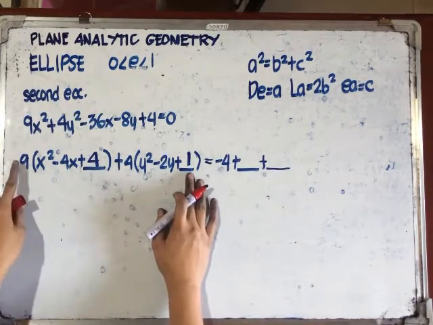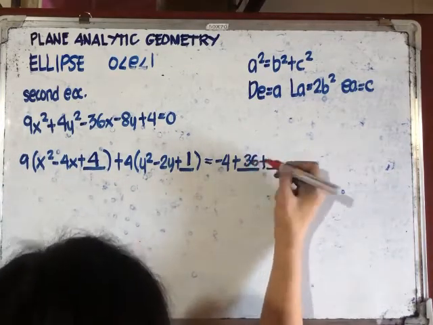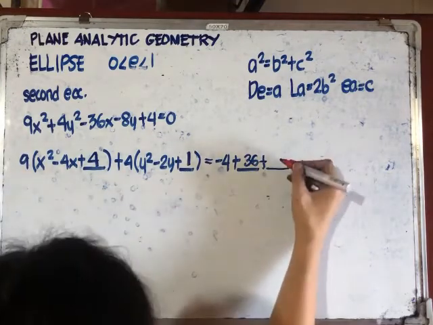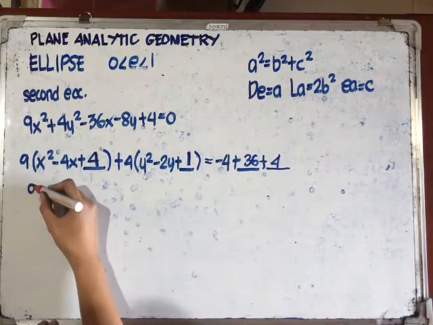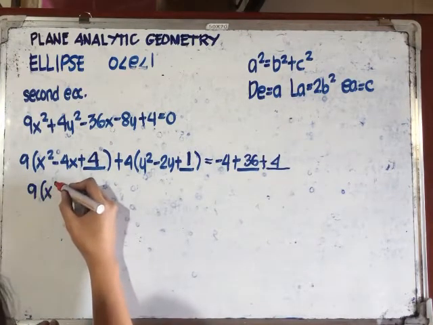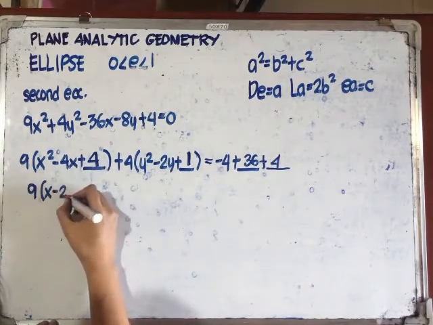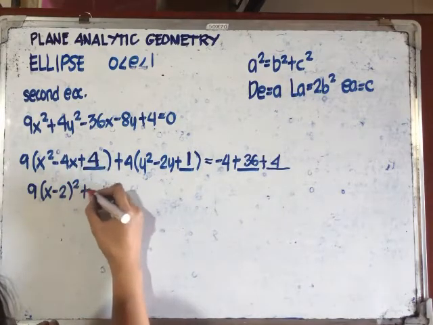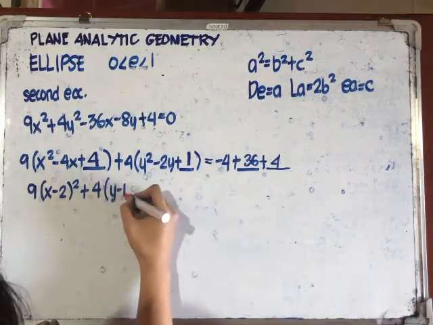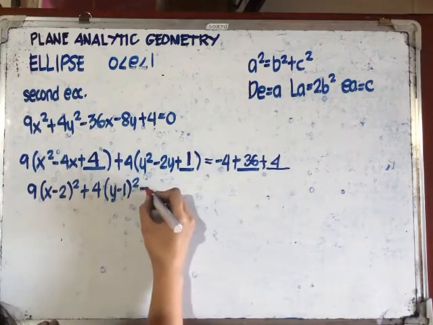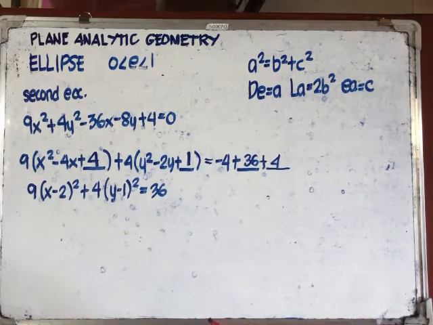What you need to add is 9 times 4. That's 36. And then you need to add 4 times 1 also. That is 4. So that what happens here would be 9 times x minus 2 squared plus 4 times y minus 1 squared is equal to, sa kabilang side, 36 na lang ang matitira. Okay?